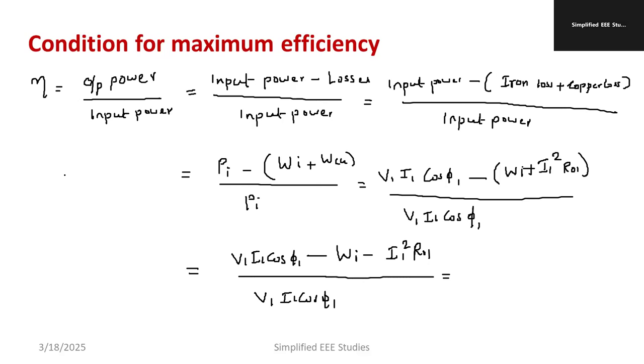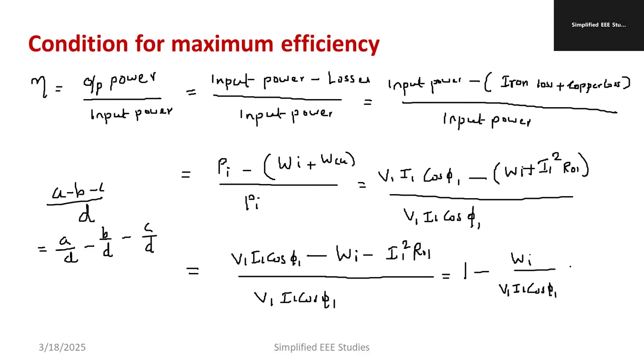Since A minus B minus C divided by D splits into A by D minus B by D minus C by D, I apply the same thing here. The first term becomes 1, minus Wi divided by V1 I1 cos phi 1, minus I1 square R01 divided by V1 I1 cos phi 1. Here I1 square and I1 cancel, so it becomes I1 R01 divided by V1 cos phi 1.